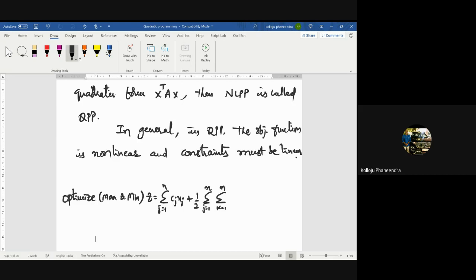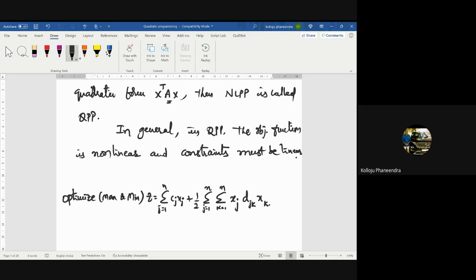Both are to write the quadratic expression. Xj into some element djk, like in A what are the elements. You can write A also, small a also, but I am mentioning D, xk. Okay, this is the objective function.